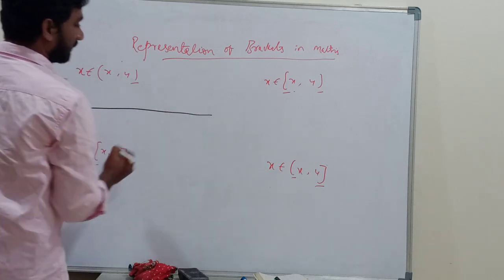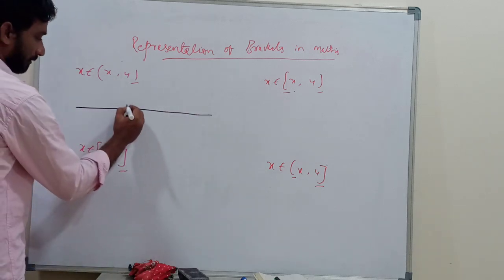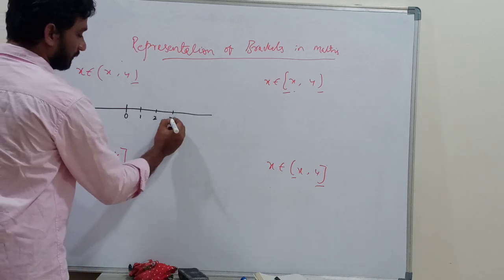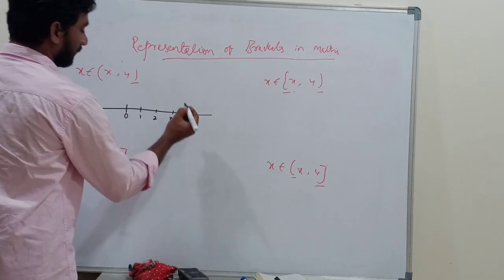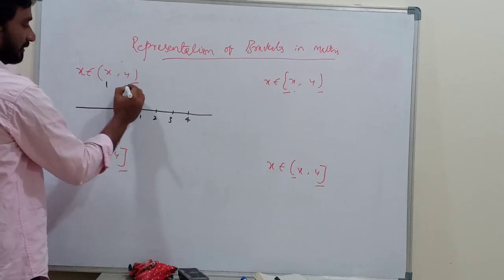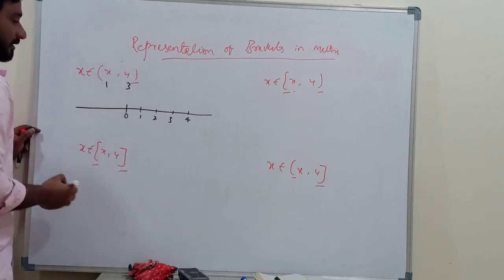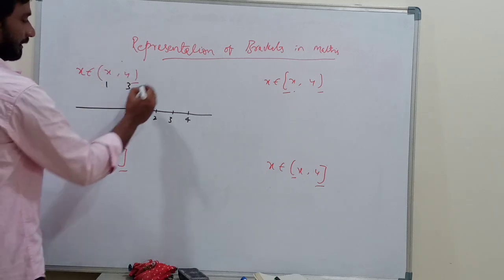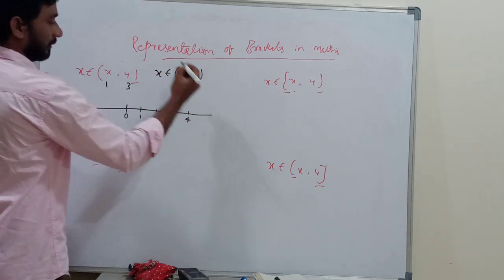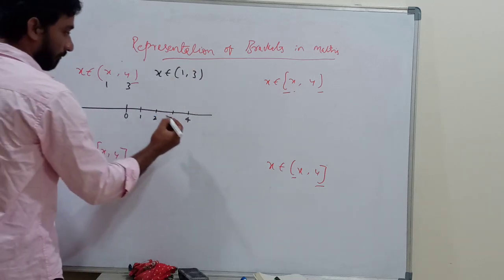For that I'm taking a straight line. I'm marking here 0, 1, 2, 3, 4. For x I'm taking 1 and for y I'm taking 3. So that means x belongs to open bracket 1 comma 3 open bracket.